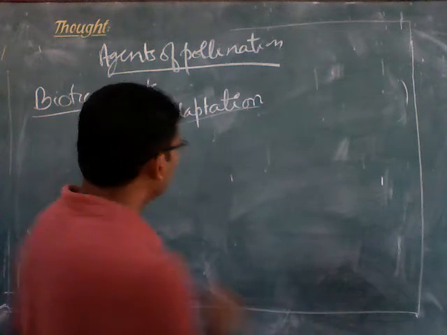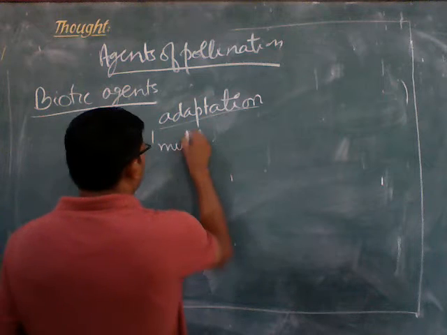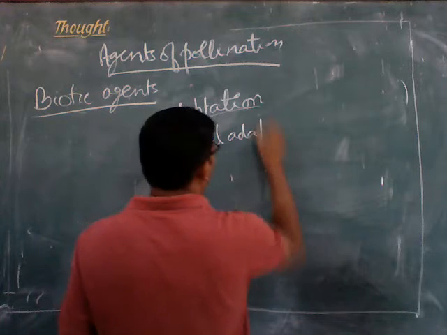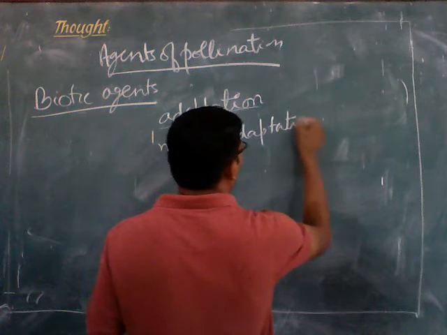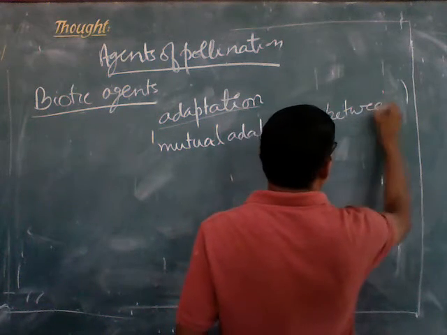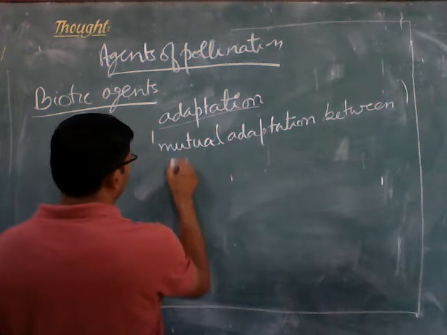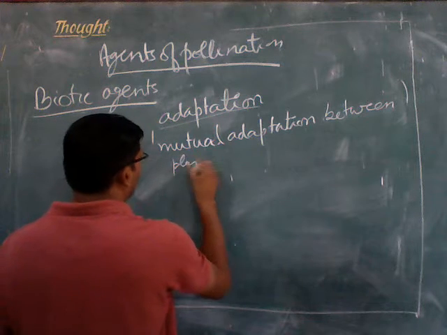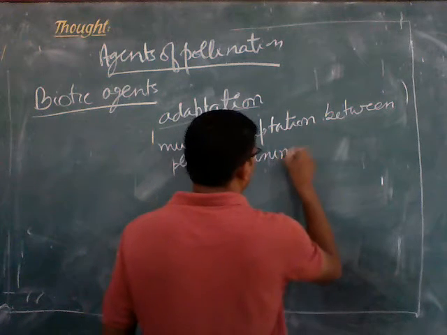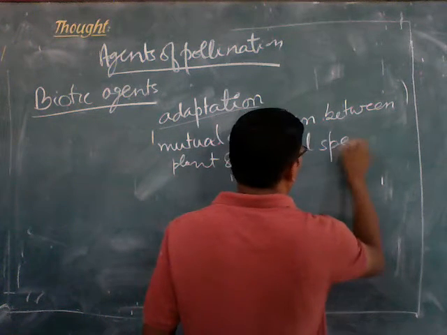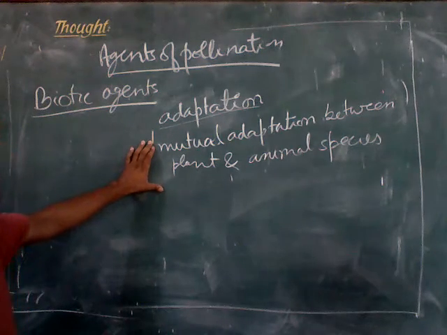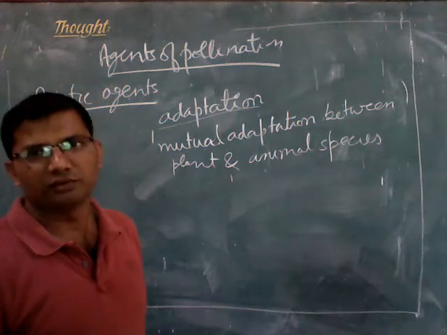So there is mutual adaptation between the plant and animal species. And this adaptation sometimes is so strong that there is a one-to-one relation for the adaptation.